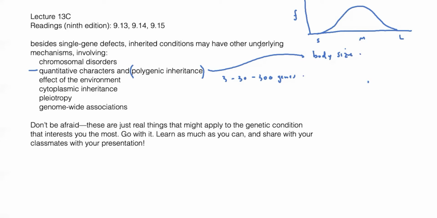So in other words, it's entirely plausible to me that somebody is going to say, well, the condition that I choose to study comes in many levels of severity, and it depends on whether you've got one genetic factor or multiple genetic factors or a huge number of genetic factors that make you more predisposed to having this condition, right?